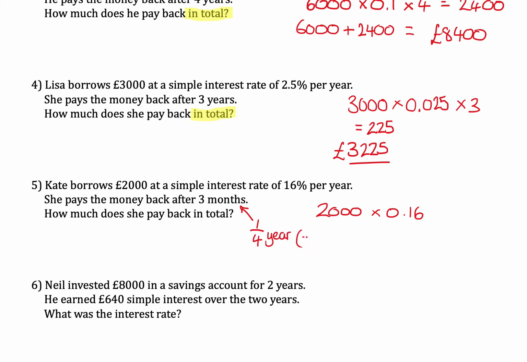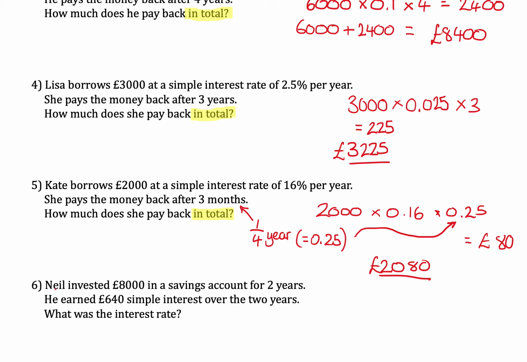Okay, or 0.25 if we want to use a decimal. Okay, so this has been used up here. So she only pays £80 interest, but the question says how much does she pay back in total? So we then have to add that to the original 2,000, and the answer is £2,080.